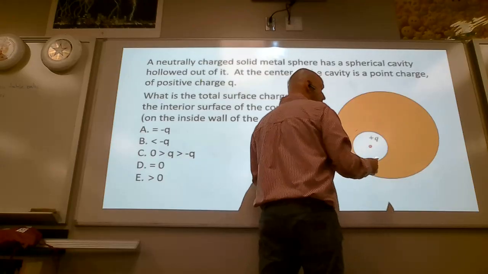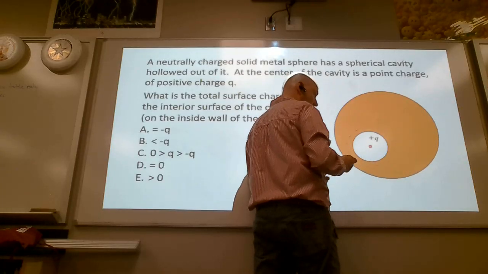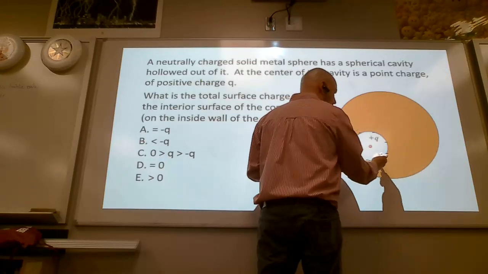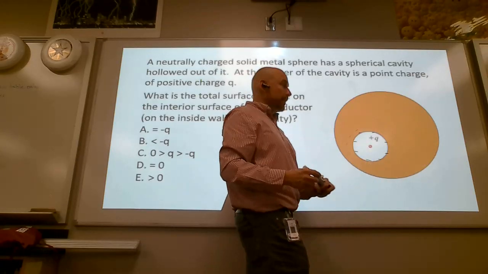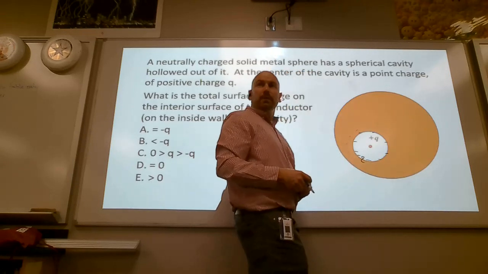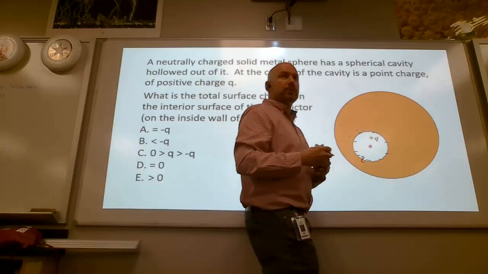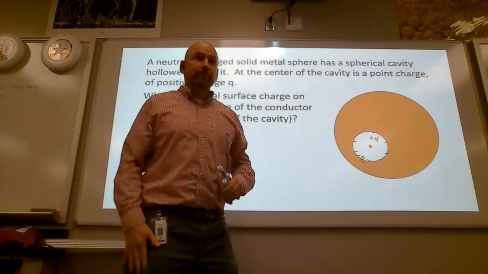So you know that the net charge has to be 0. You have a positive in there. So this charge has to be equal to negative that to make the enclosed charge 0. Good? Okay.